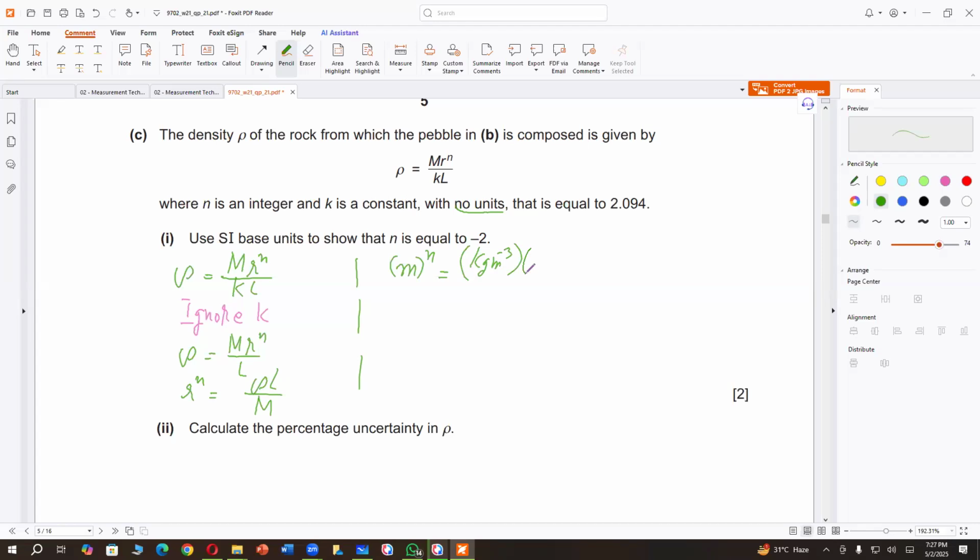The unit of L, what is L? Meters. And M is kg. So now kg can be cancelled. Then m power N is equal to m power on the other side, which is -2.